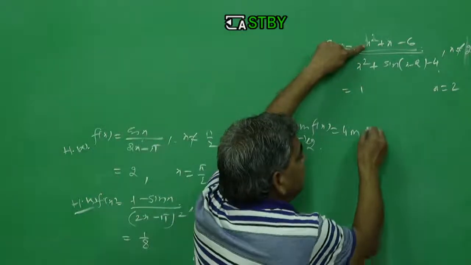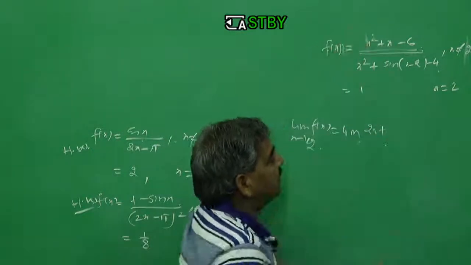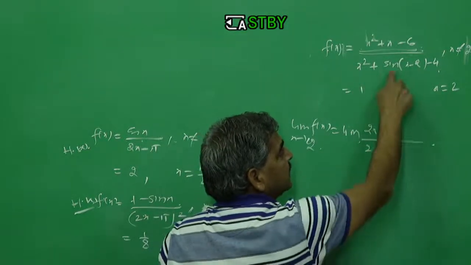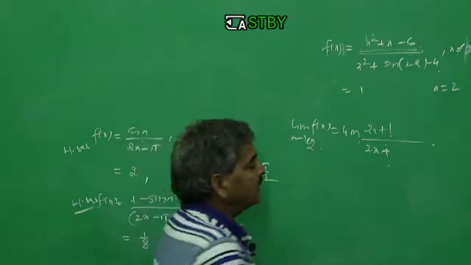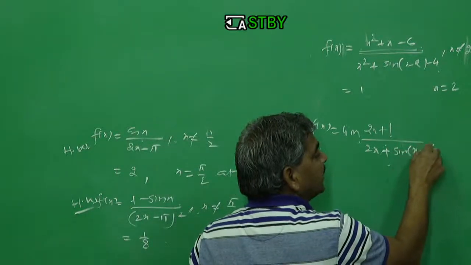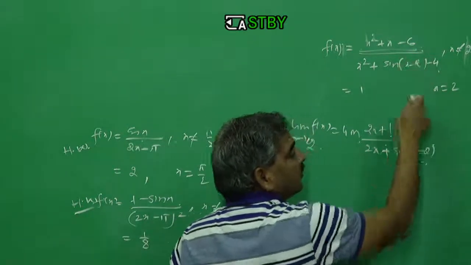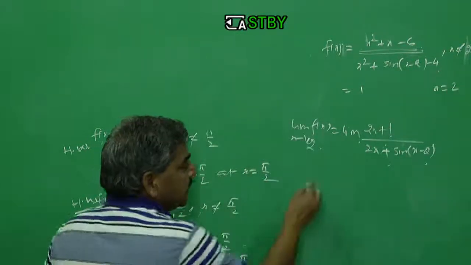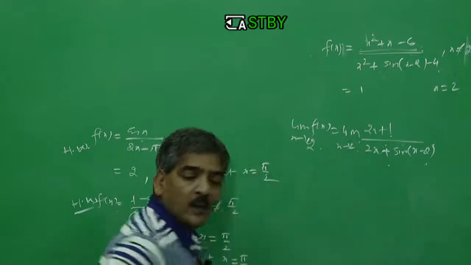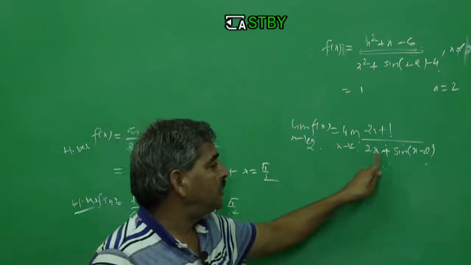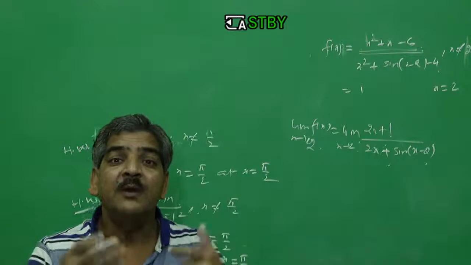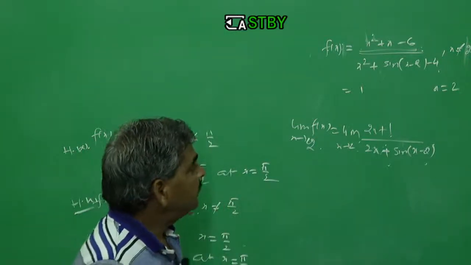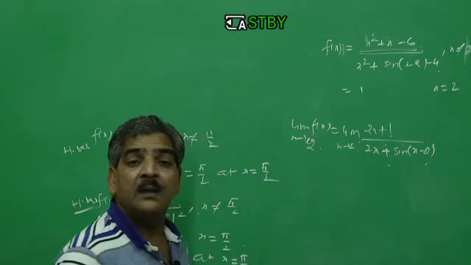Derivative of x square is 2x plus derivative of x is 1, whole upon derivative of x square, 2x, plus derivative of sine of 2x minus 2, that is cos of 2x minus 2 into derivative of the argument, that is 1. Derivative of 4 is 0, gone out. x tends to 2. Okay. Now if I put x is equal to 2, the denominator will not be 0. Confirm it. Will we get 0? No, we will not get it.